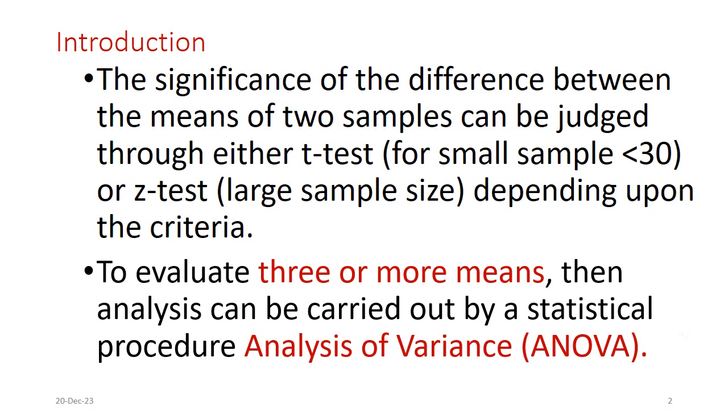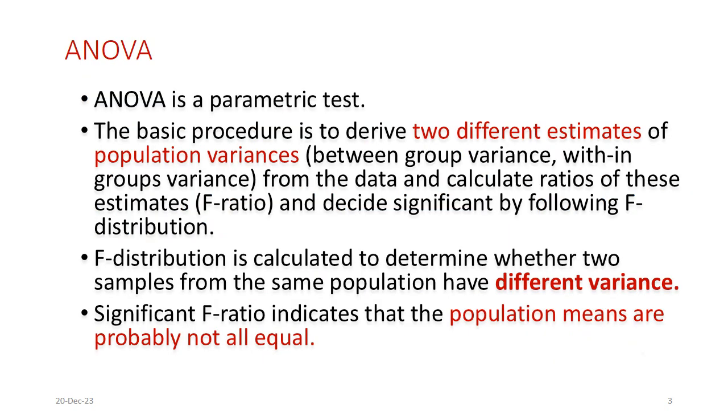There is a statistical procedure called analysis of variance, abbreviated as ANOVA. ANOVA is a parametric test. The basic procedure is to derive two different estimates of population variance, that is, the between-group variance and the within-group variance from the data, and calculate the ratio of these estimates using the F ratio or F statistic. The F distribution is calculated to determine whether the two samples from the same population have different variance.